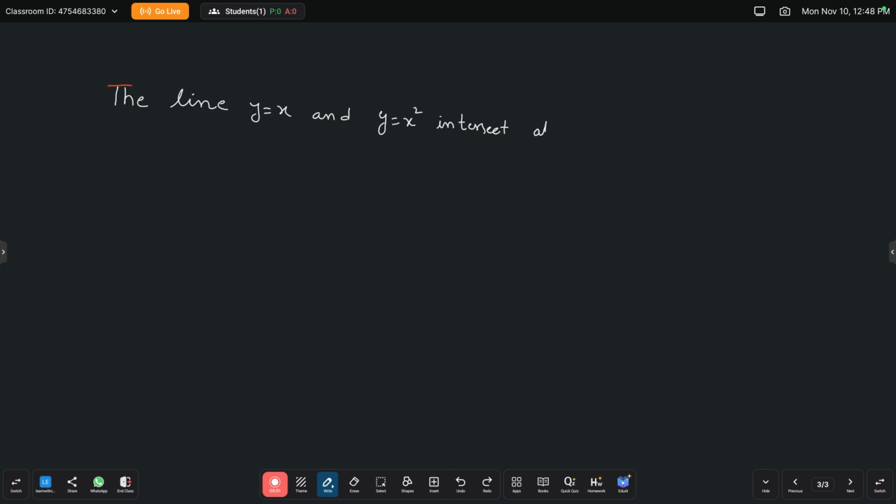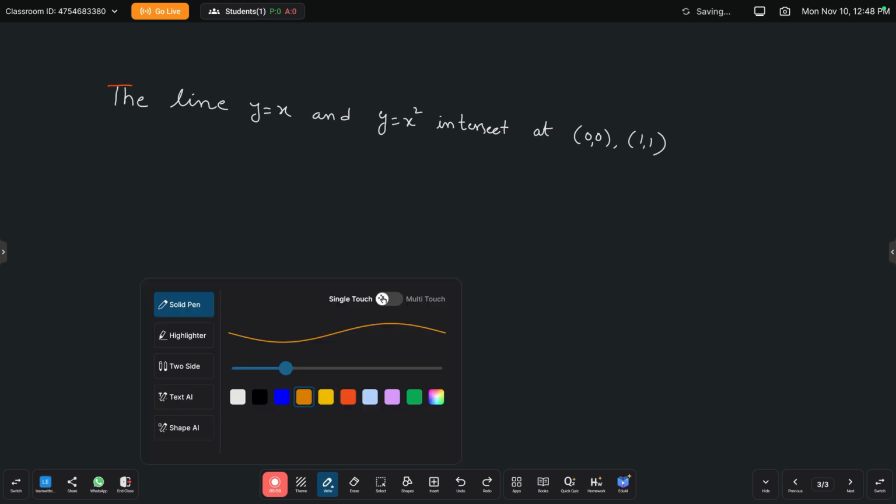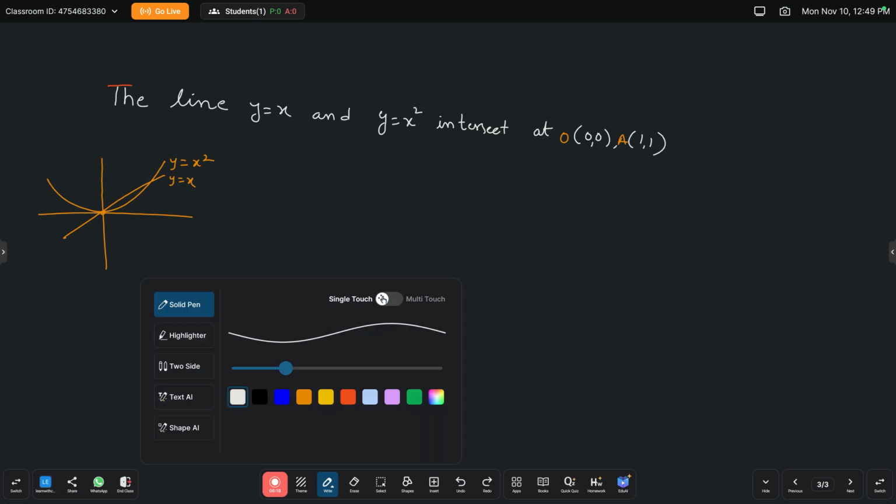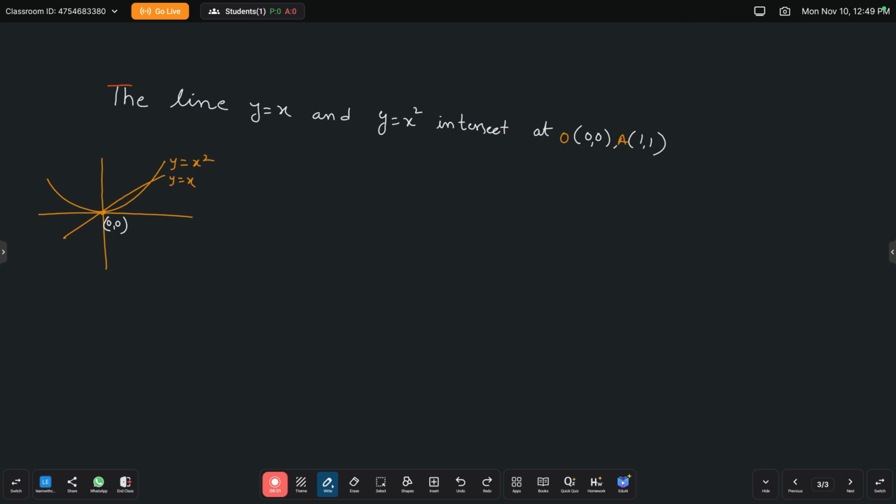It is already given in the graph. It is some point A, 1, 1. That means whenever the graph is here, already it is y is equal to x square and it is the y is equal to x line. Now this graph is intersecting here at 0, 0, the origin, and the point is 1, 1.